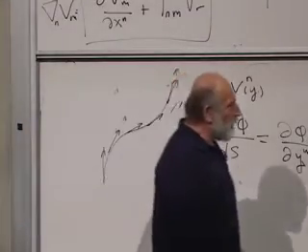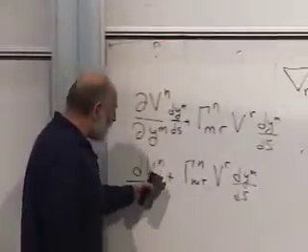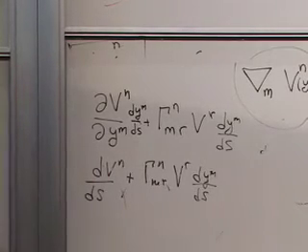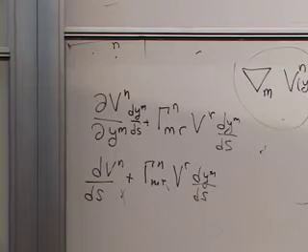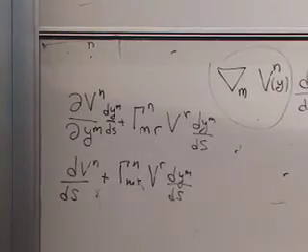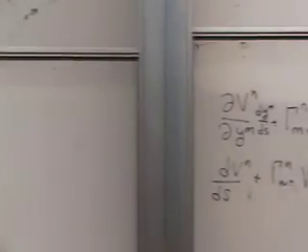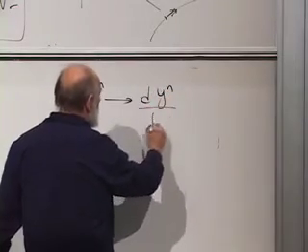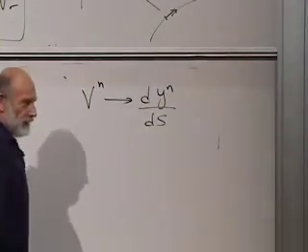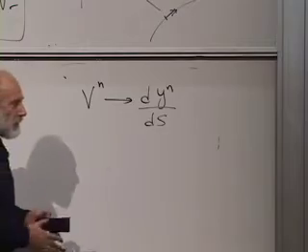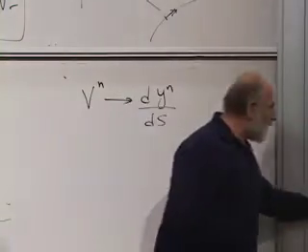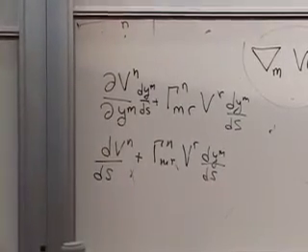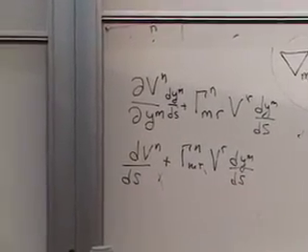We can work out the covariant derivative of the tangent vector. Let's do it. What's the component of the tangent vector? For V^n, we're going to substitute dy^n by ds. That's the component of the tangent vector. And I'm now computing the covariant derivative of the tangent vector itself, the covariant derivative along the curve.